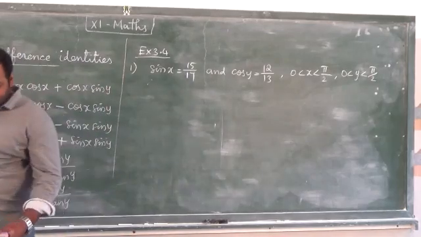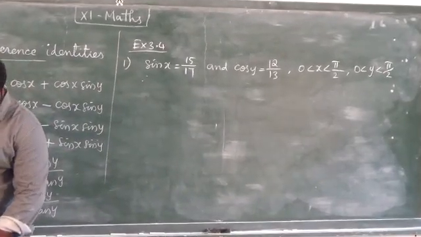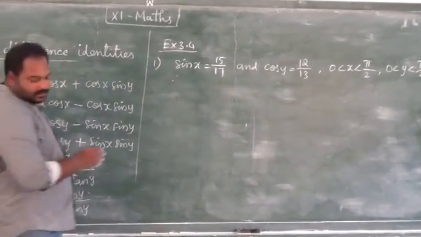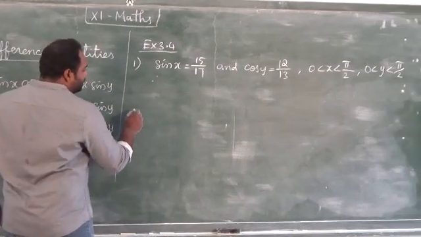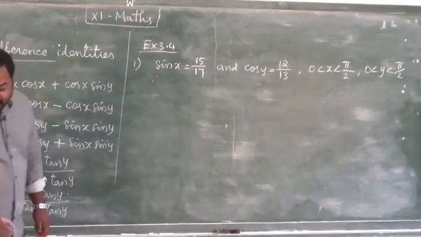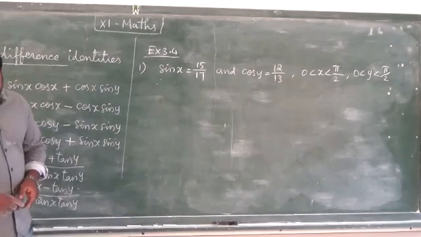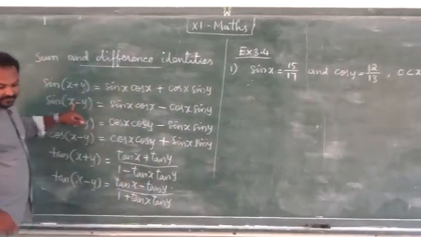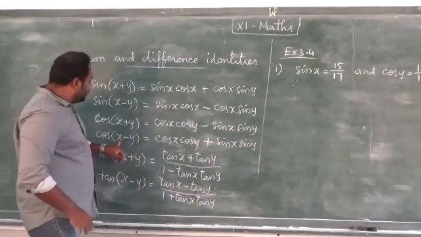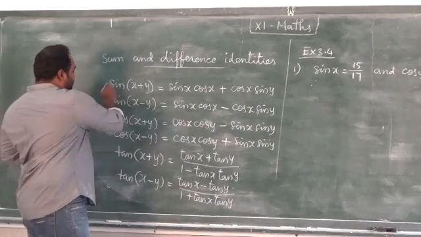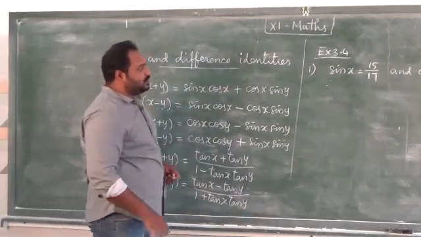Find the values of, here we have given two subdivisions, sin of x plus y and cos of x minus y. These two values we are going to find out.